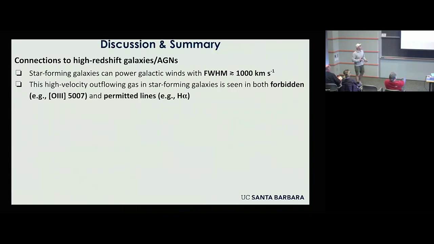Our main takeaway is that we should be aware of these very extreme outflows in local star-forming galaxies with a full velocity max larger than 1,000 kilometers per second, and they are observed in both forbidden and permitted lines.